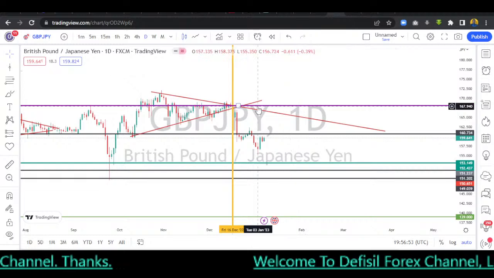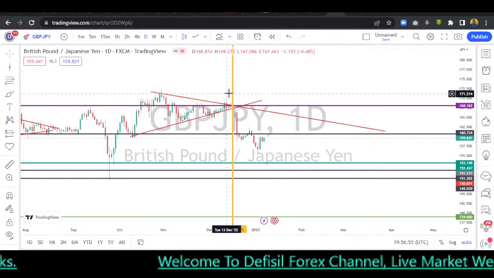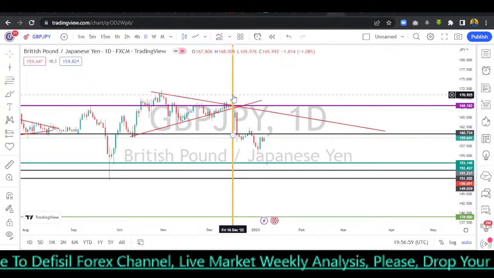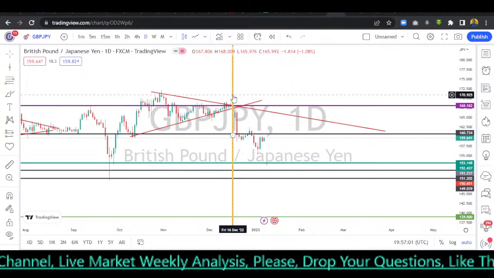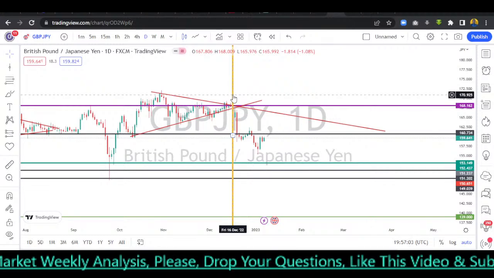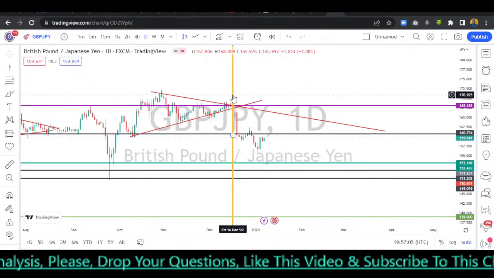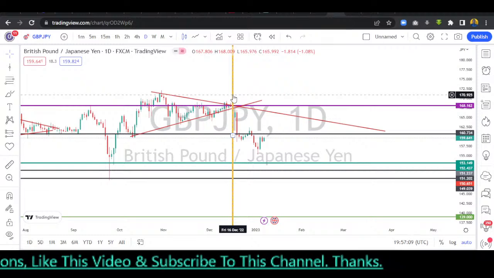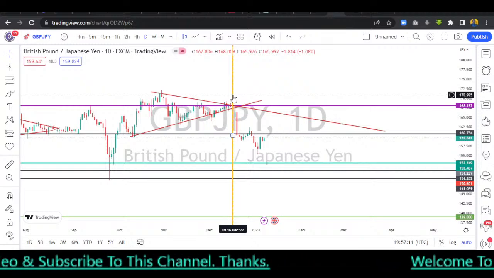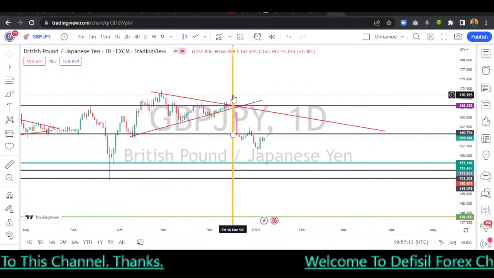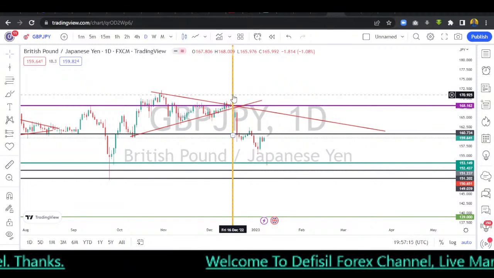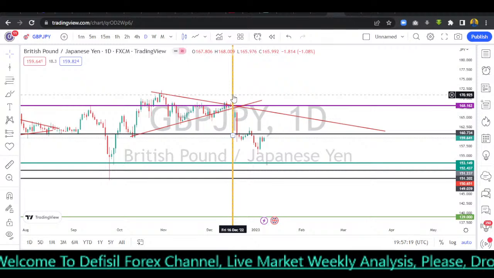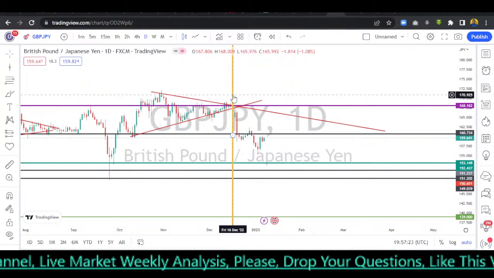Okay, we can see that where we have the yellow line was a previous resistance point, and before the market got there, it was trading in an uptrend. The market got to that point, and it did a trend reversal before it started forming a downtrend, which is currently on at the moment.